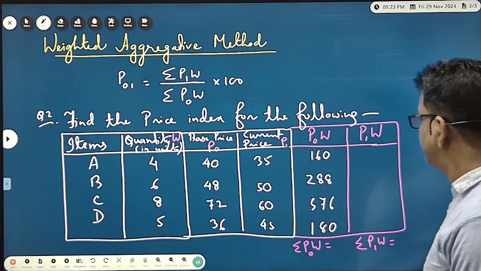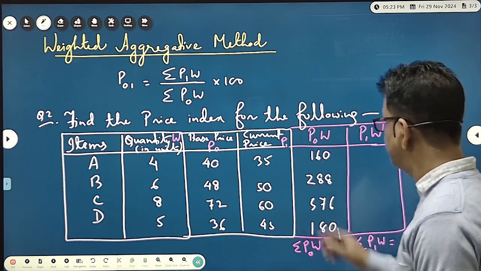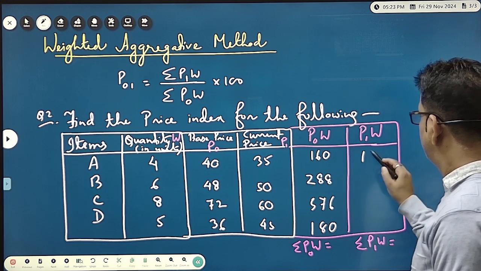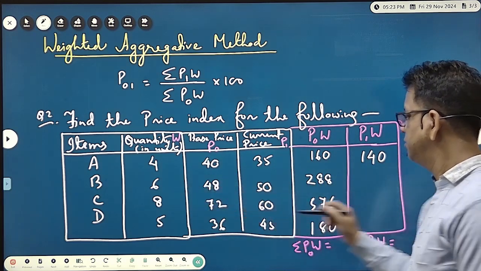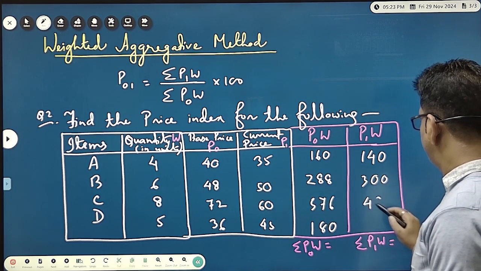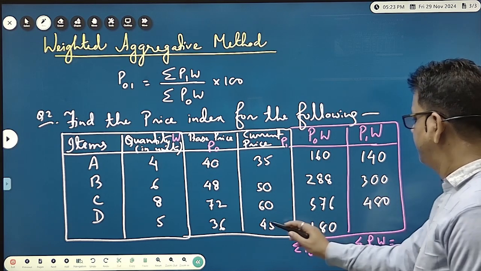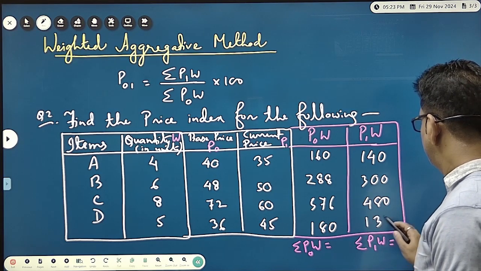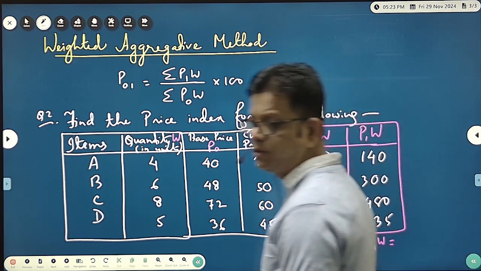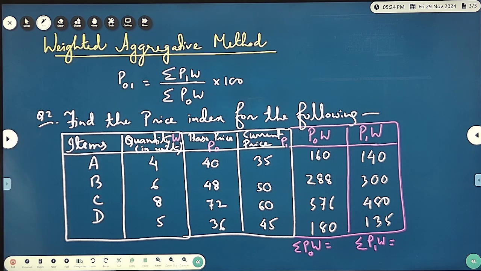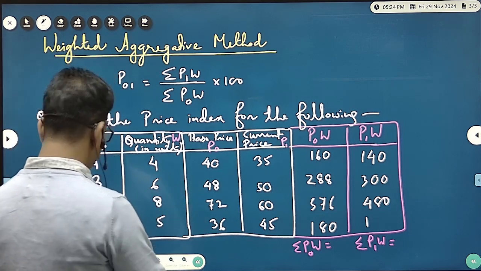So these are P naught W. P1 W means the current price multiplied by the quantities. So 4 into 35, 140, then 6 into 50, 300, then 8 6s are 48, 480, and then 5 into 45, 225.